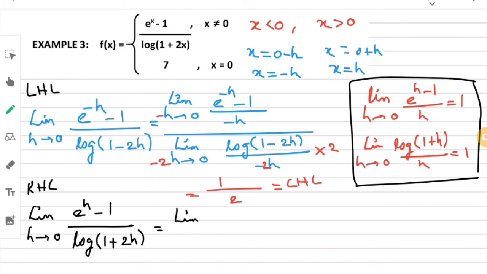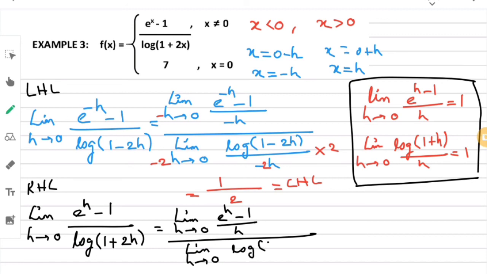So limit h tends to 0, (e power h minus 1) by h whole divided by limit h tends to 0, log of (1 plus 2h) by h. In the numerator there is no problem. But in the denominator here I am having 2h. Here also I need 2, right? So I am going to multiply and divide by 2.